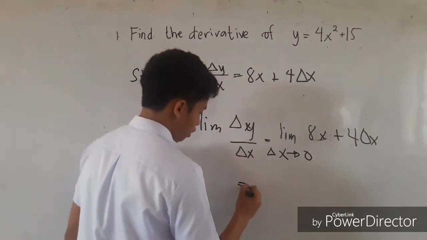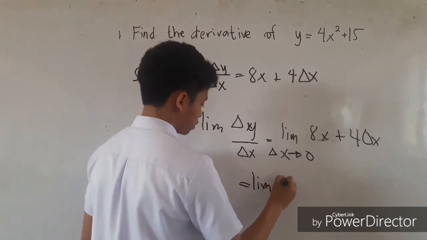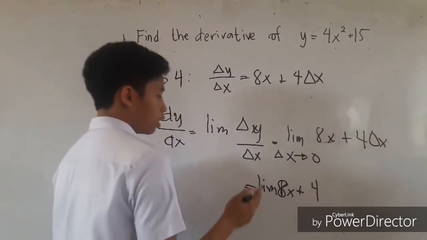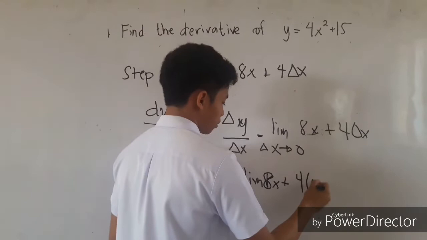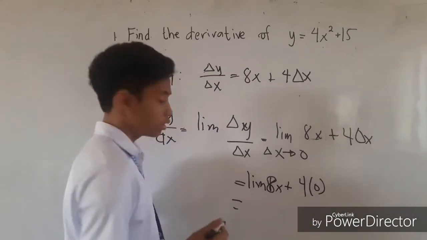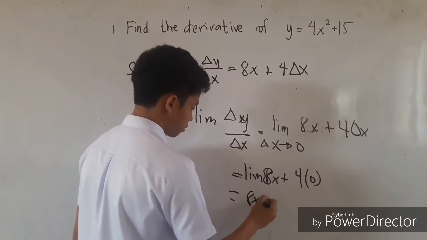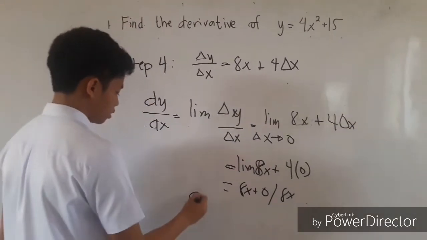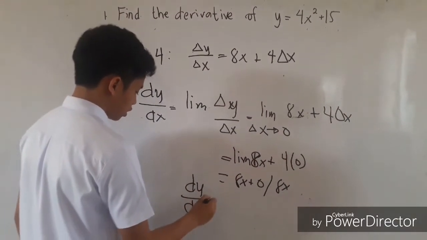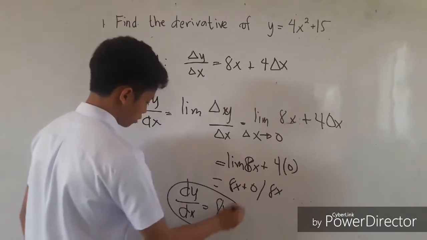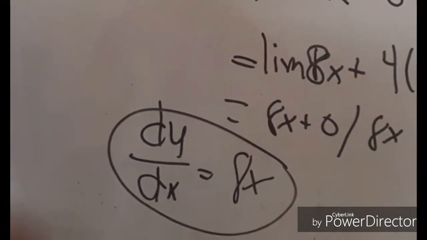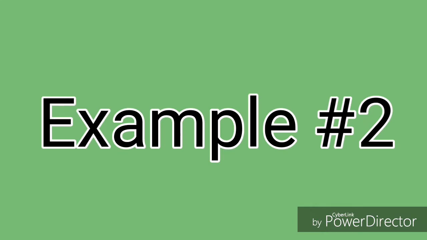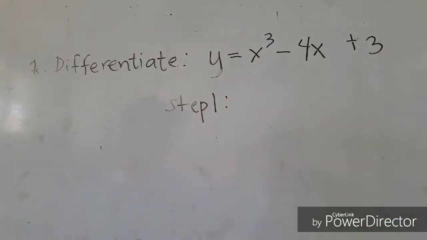So, limit 8x plus 4 delta x, since we change delta x by 0, this will become 0. So as we simplify it, we get the answer of 8x plus 0 or 8x. So our limit is dy over dx equals 8x.